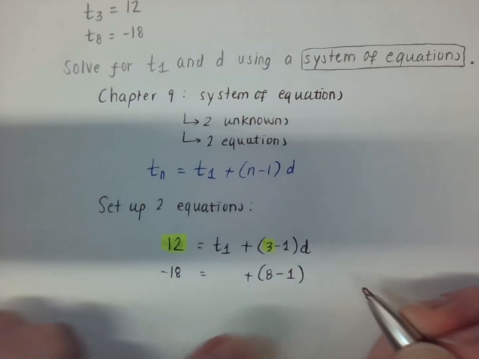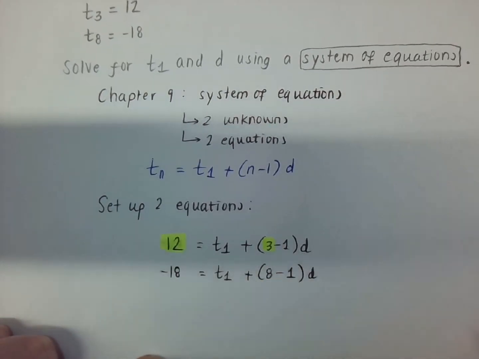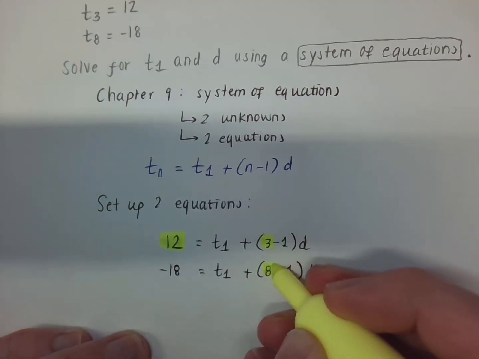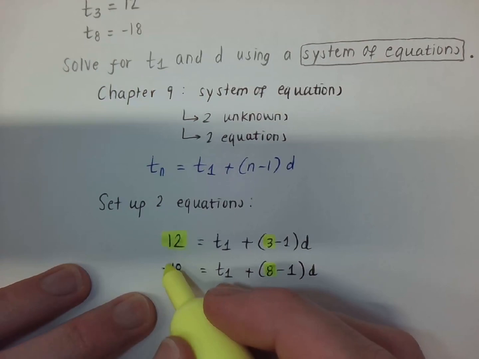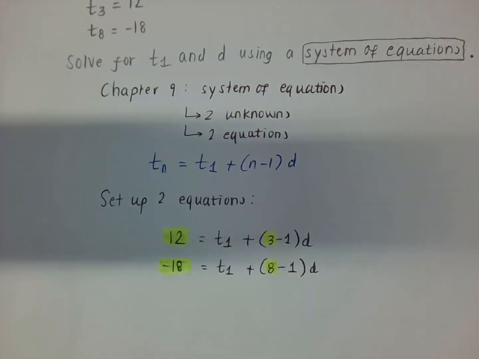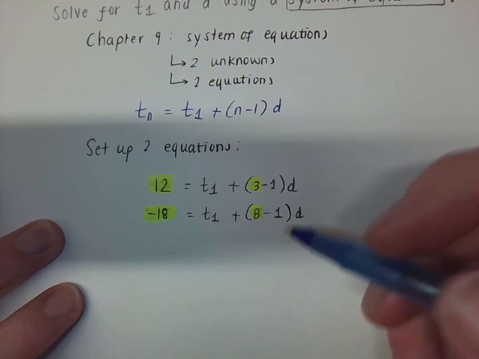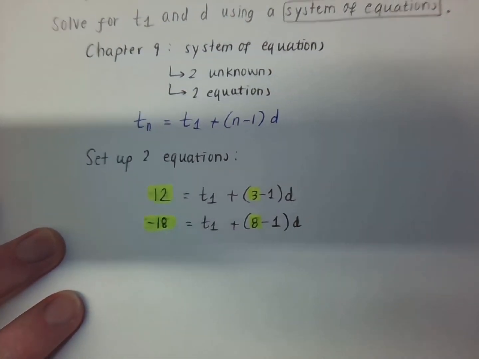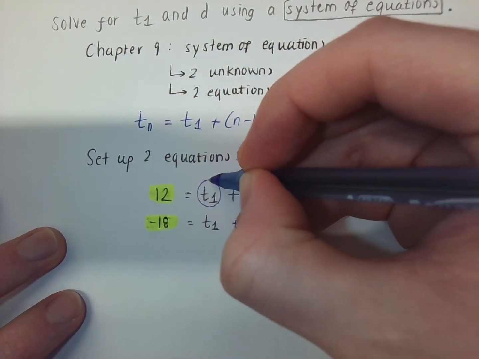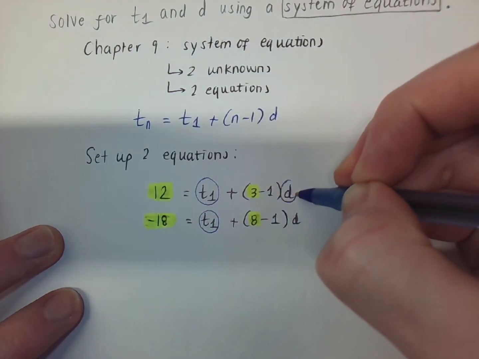So when n equals 8, Tn is negative 18. The reason this is going to work out is because we have two unknown variables.